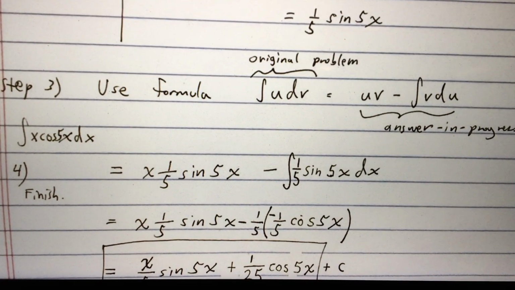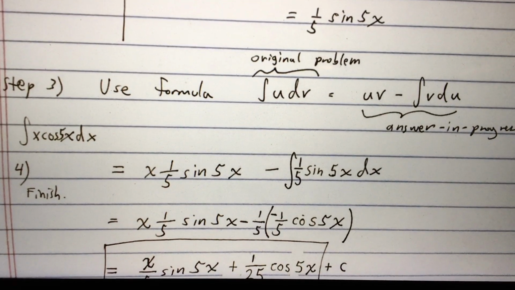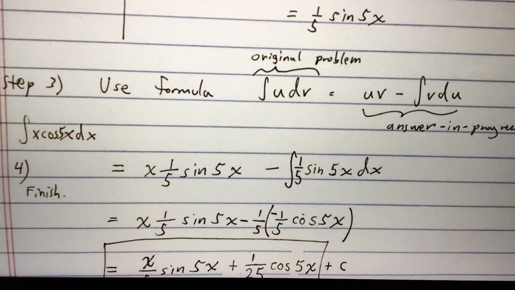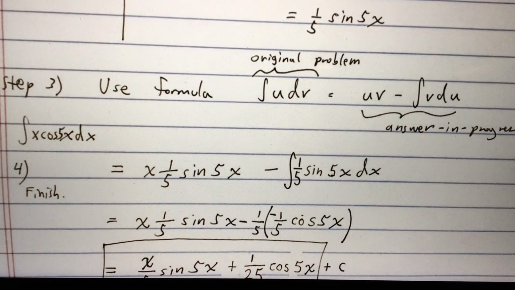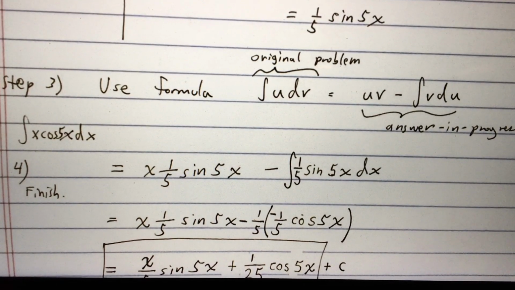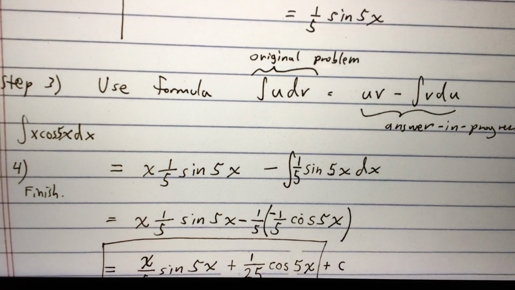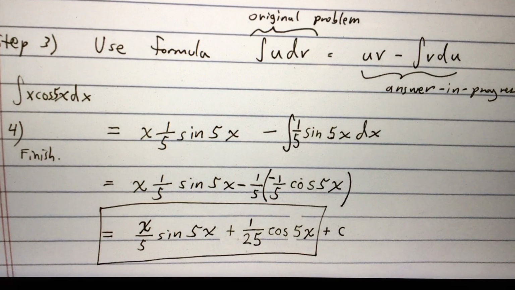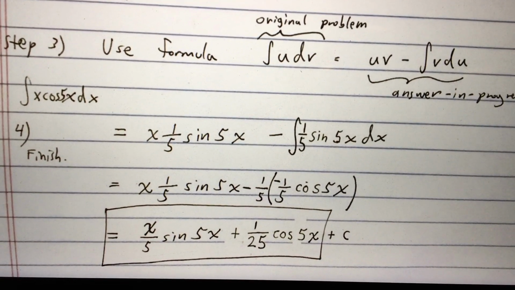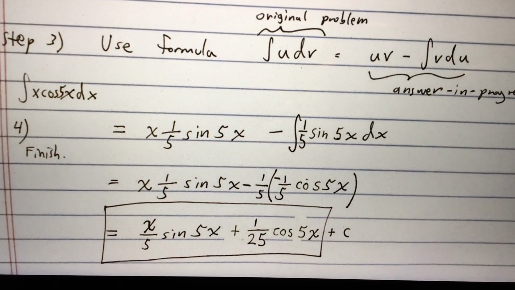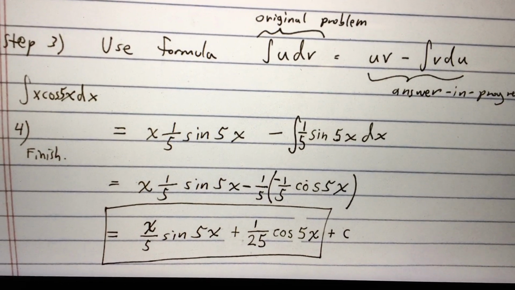Then the antiderivative of sine is negative cosine, because the derivative of sine is cosine, so the antiderivative of sine is negative cosine. And I have to multiply by 1/5 again because that was sine 5x. So I get negative 1/5 times negative 1/5 cosine 5x, which you can simplify. Double negative is plus 1/25 cosine 5x. And I wrote x times 1/5 as x over 5. And plus c.